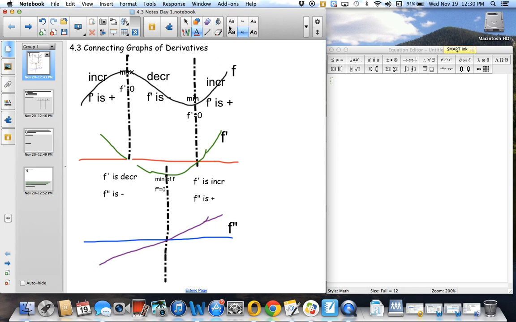So what I want you to notice is that the inflection point of f ends up being a 0 of the second derivative. Wow. So that's something that we can actually add to our t-chart.